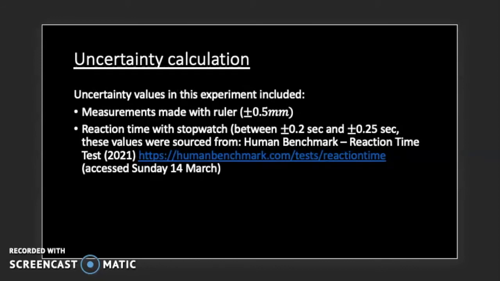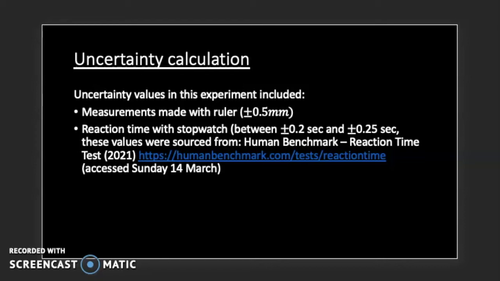So the uncertainty values in this experiment included any measurements made with a ruler, and the uncertainty with that one was give or take half a centimeter, and the other uncertainty value was our reaction time with the stopwatch.